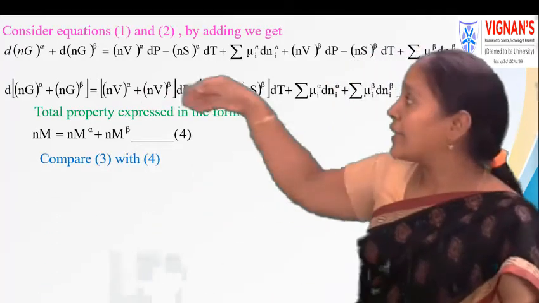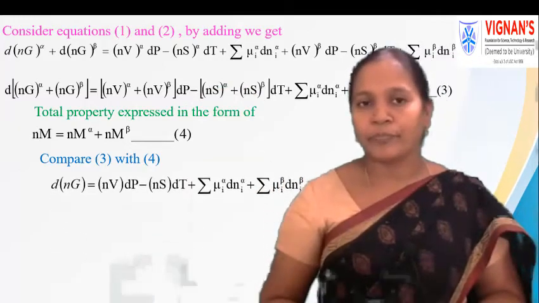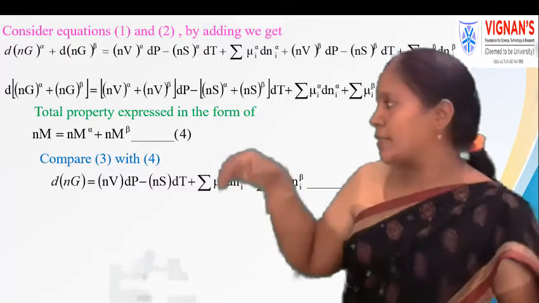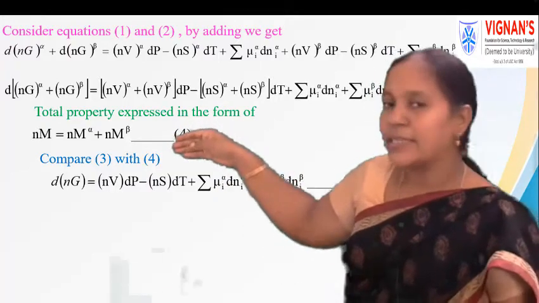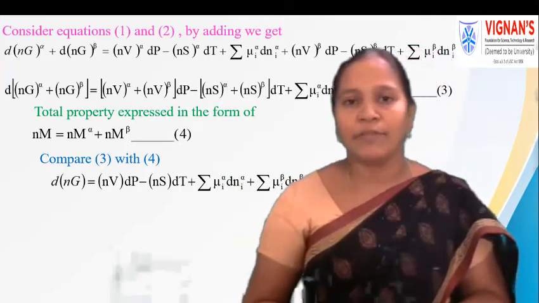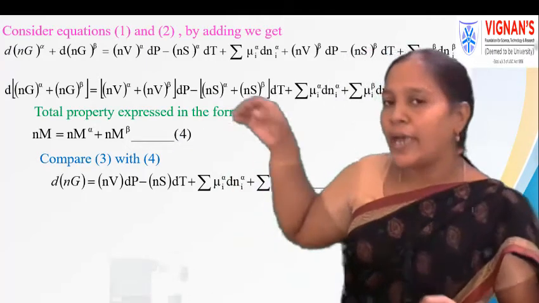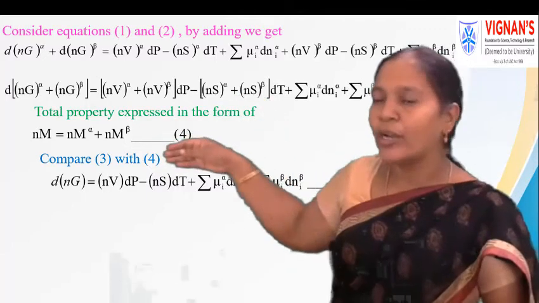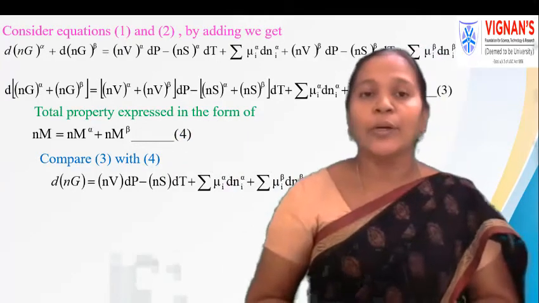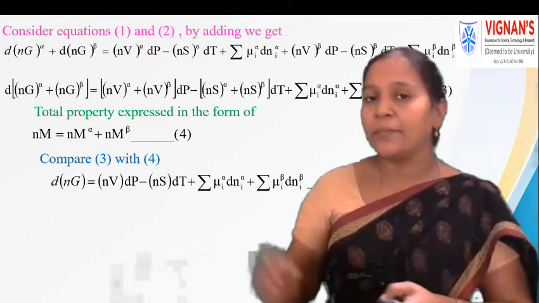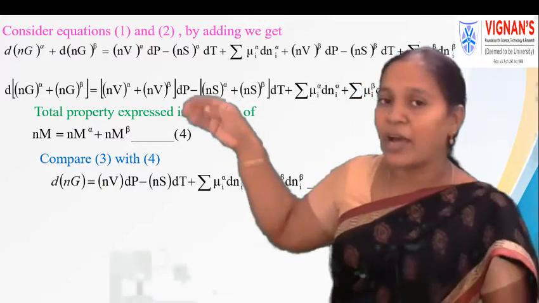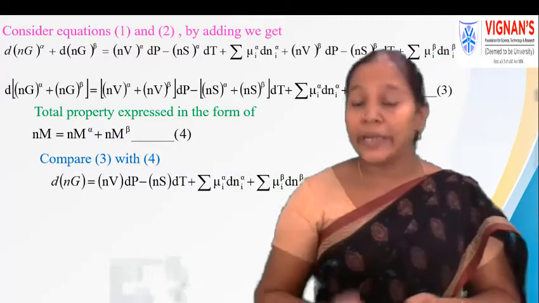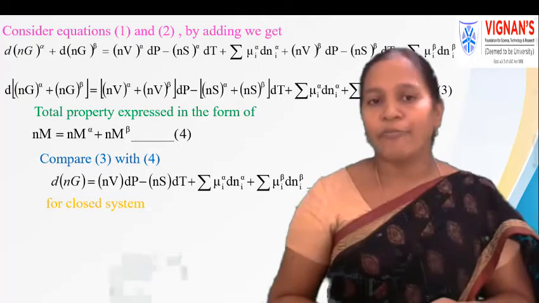Then compare equations 3 and 4. After comparison of equation 3 with 4, d of nG equals nV dP minus nS dT plus sigma mu i alpha dni alpha plus sigma mu i beta dni beta, which is indicated as equation 5.